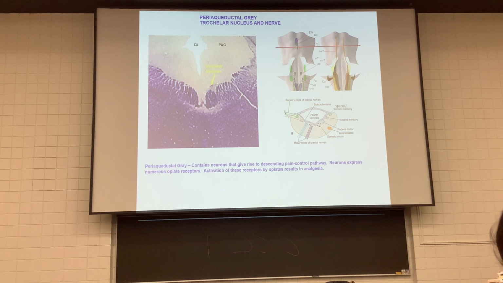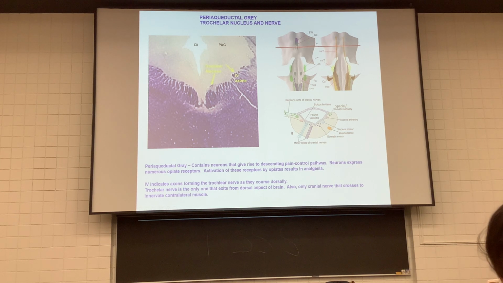It only innervates one muscle, it doesn't need a gazillion cells. But that would be your trochlear nucleus. And there are the axons coming out and beginning their course dorsally to come off on the dorsal side. That's not one of the nuclei that I will ask you to identify either.